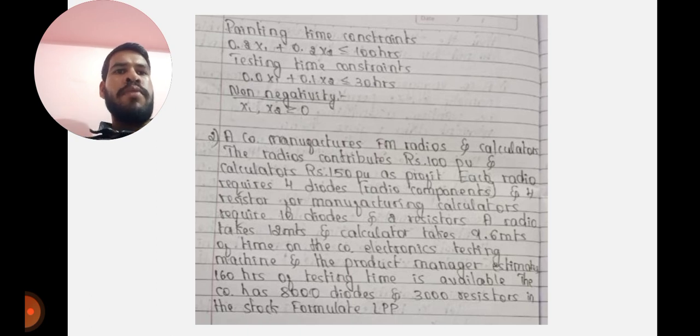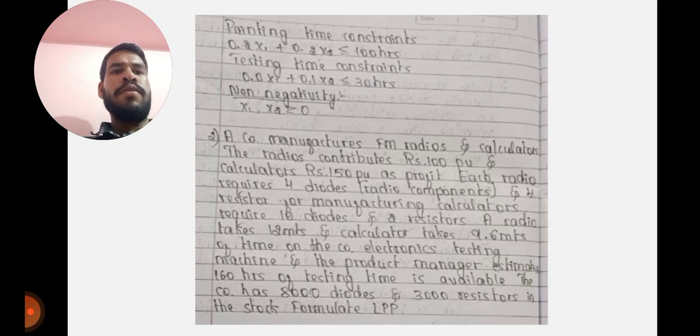Let us discuss the second question. A company manufactures FM radios and calculators. The radio contributes rupees 100 and the calculator rupees 150 as profit. Each radio requires 4 diodes and 4 resistors. Manufacturing a calculator requires 10 diodes and 2 resistors.